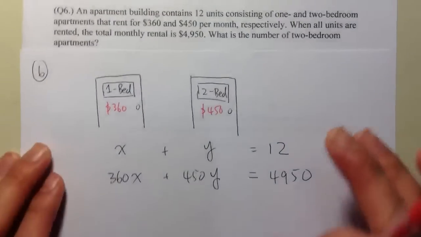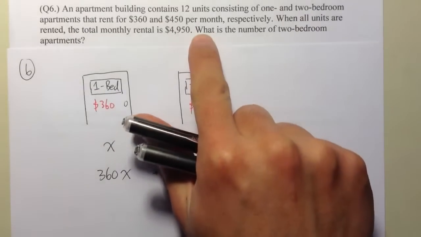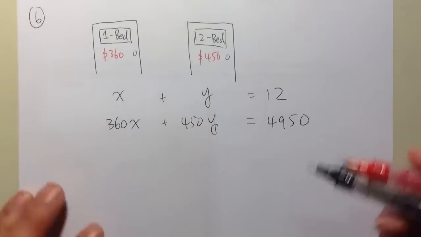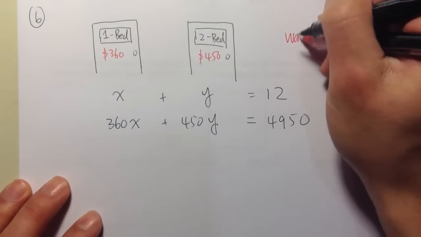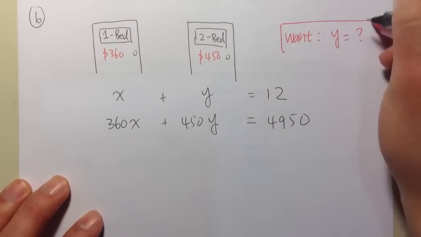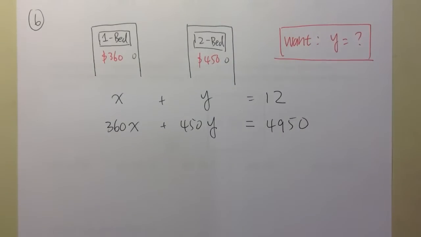So this is the equation that we are going to work with, and we are trying to look for Y, because the question is asking for the number of 2-bedroom apartments. We want to figure out Y is equal to what. So that's our goal, right? Because Y represents the 2-bedroom apartments.